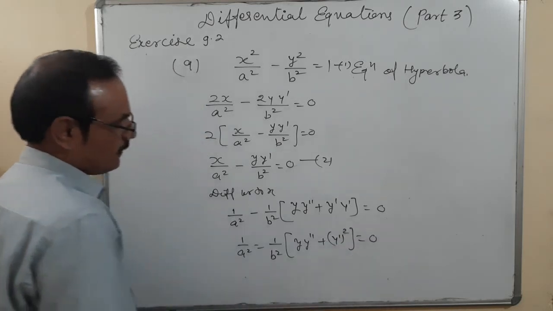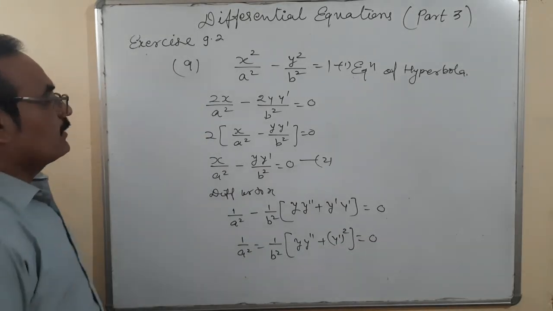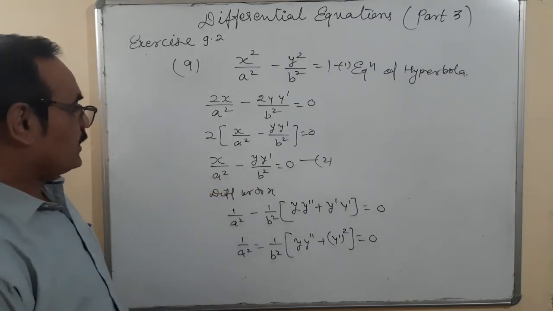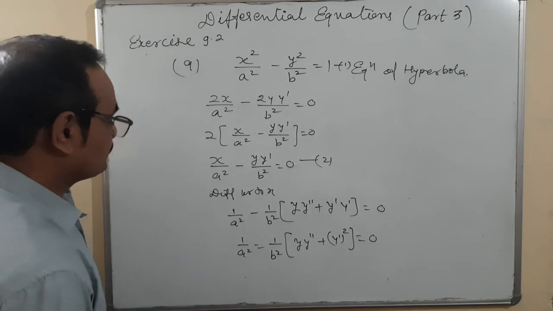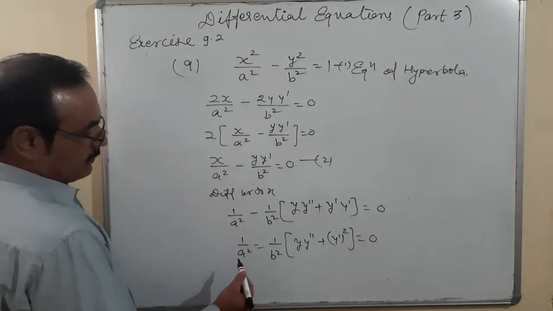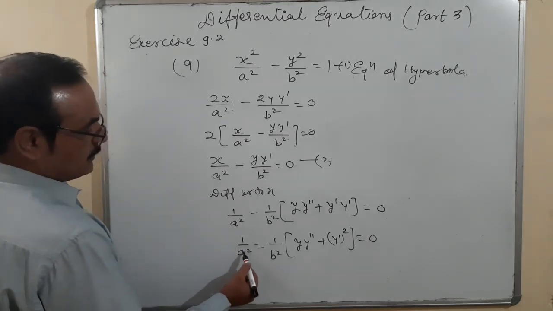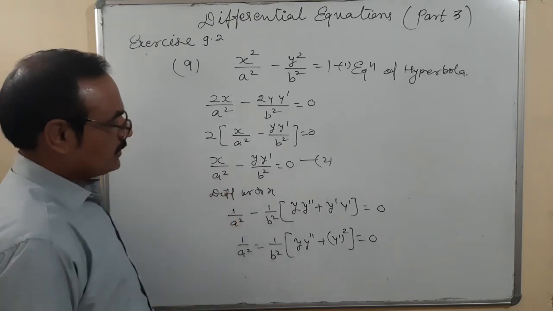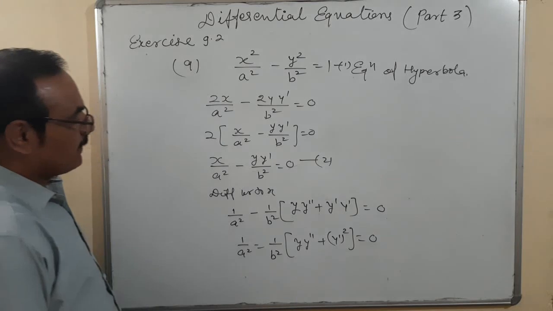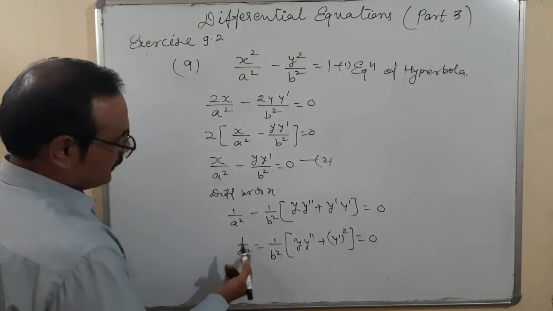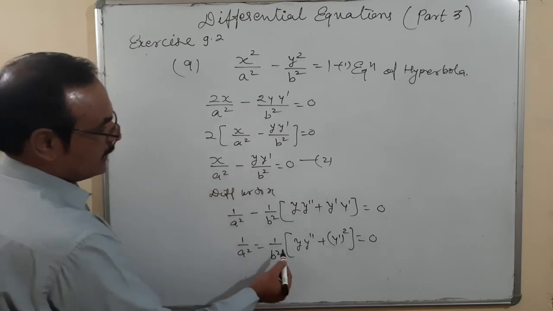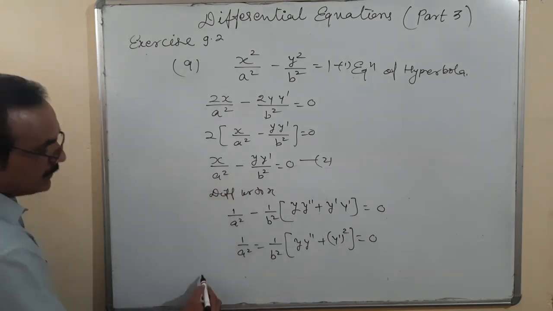Here now you will see that this is an equation where I can substitute the value. I can put the value here. If I put the value of a square, then which term is coming? Let us see. From here 1 upon a square, I can substitute the value.